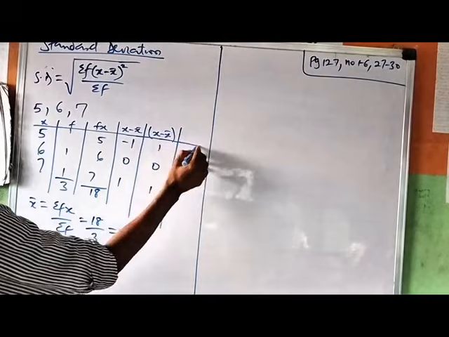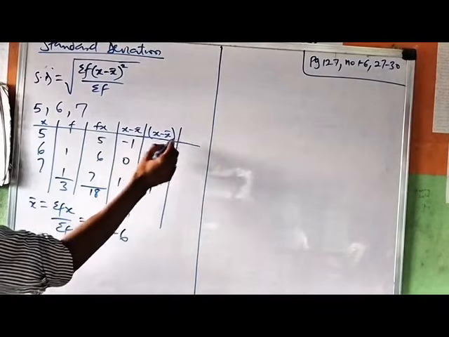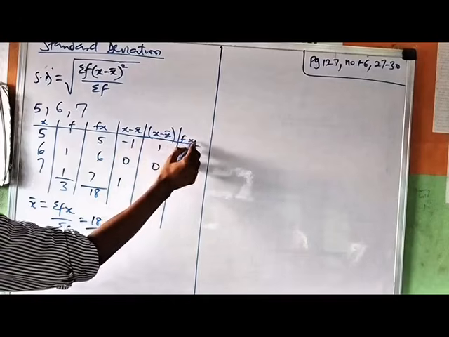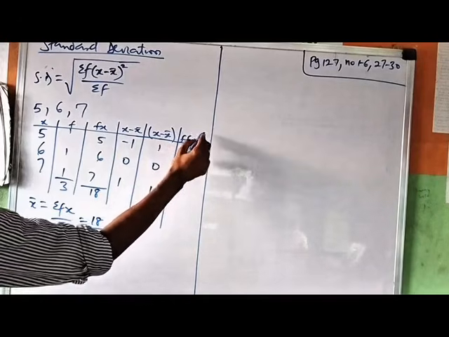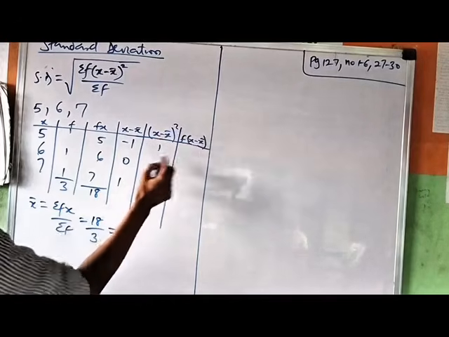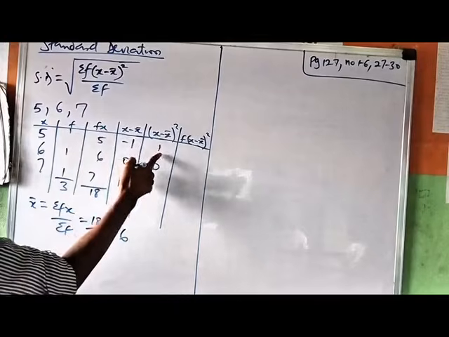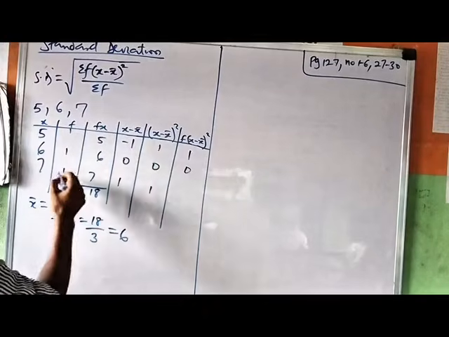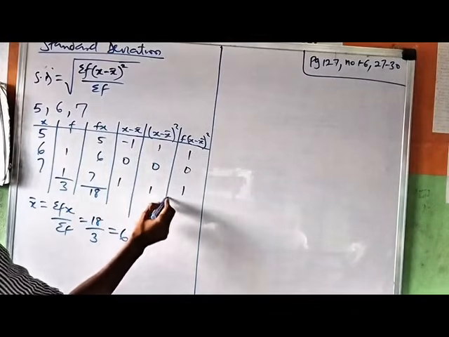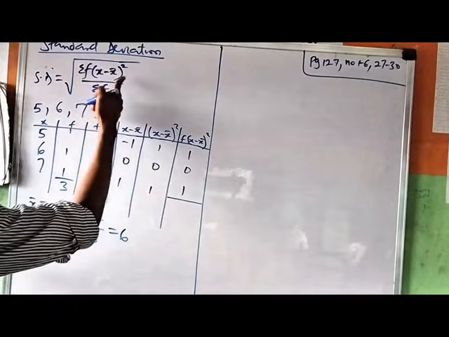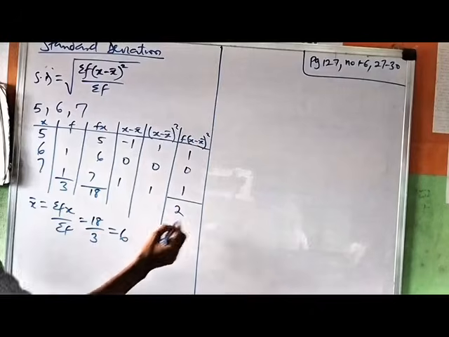So then f of x minus mean squared. We are multiplying frequency by this, which gives us 1, 0, 1 times 1, 1. So the summation of this will give us 2.